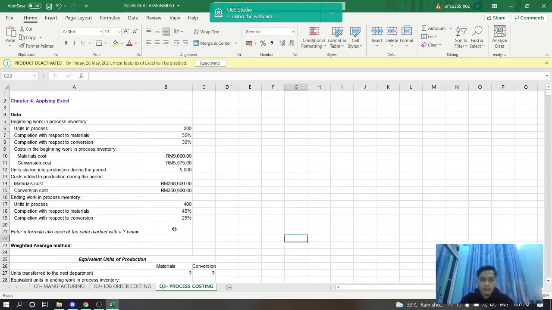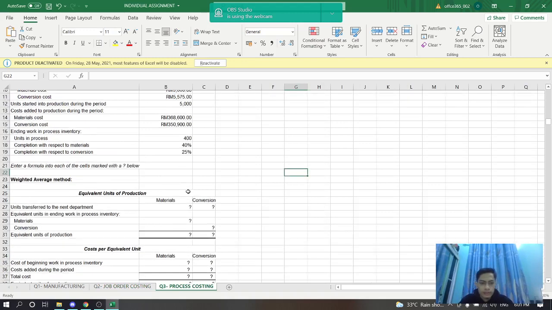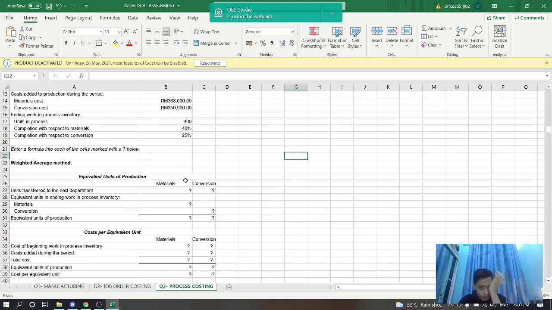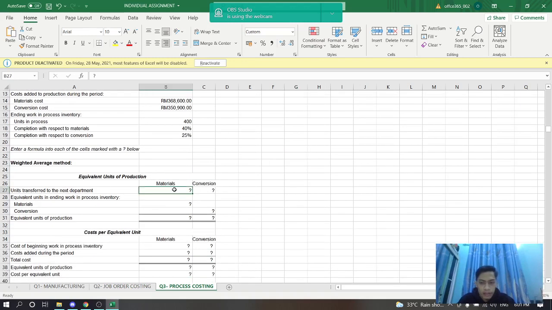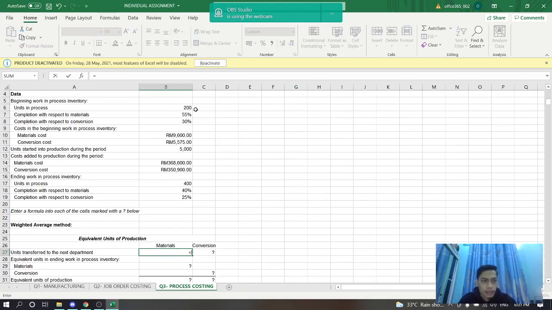Okay, next process costing. Process costing, material and conversion. From the data given, I will fill in the blank using the formula that I had learned.